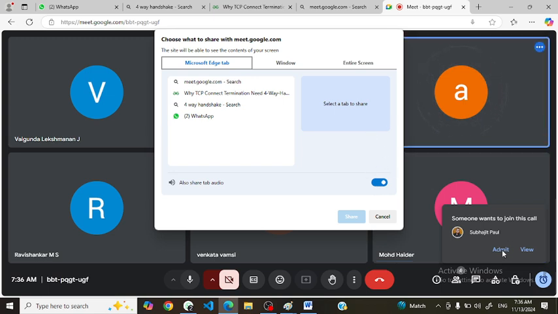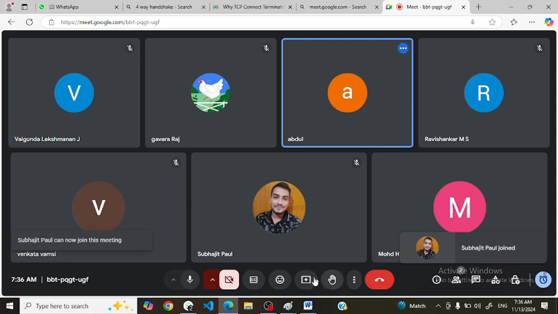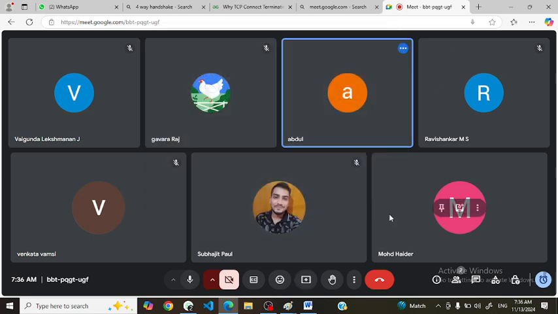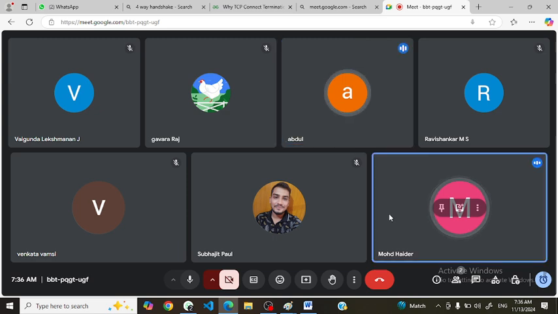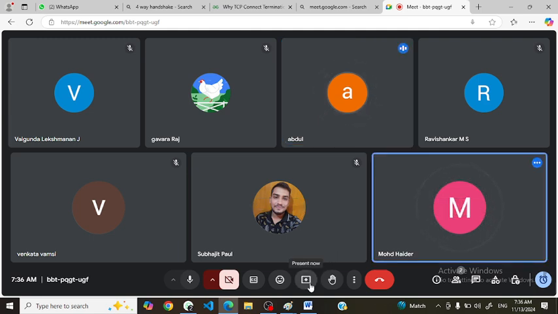Turn off the light. Do you want me to turn on the camera? No, just the upward arrow, it gives you an option, Present now. Right side of the emojis.